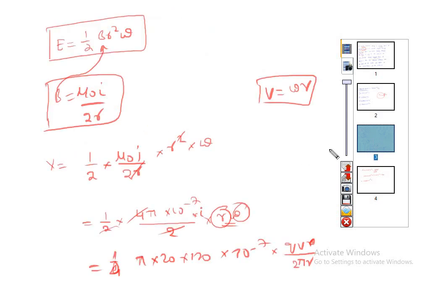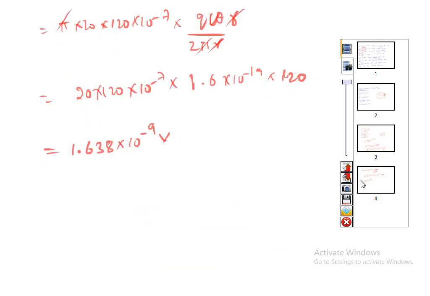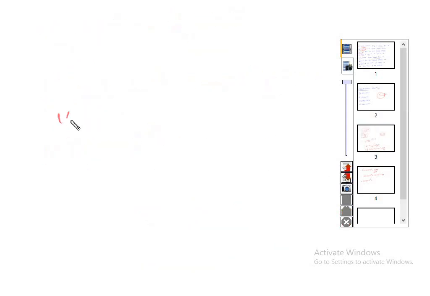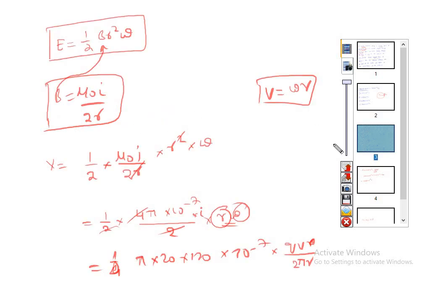So let me get back to this. E is equal to 1 by 2 B R omega and B is equal to mu naught I by 2R. So we have written it as mu naught I R omega, V is equal to mu naught I R omega by 4.